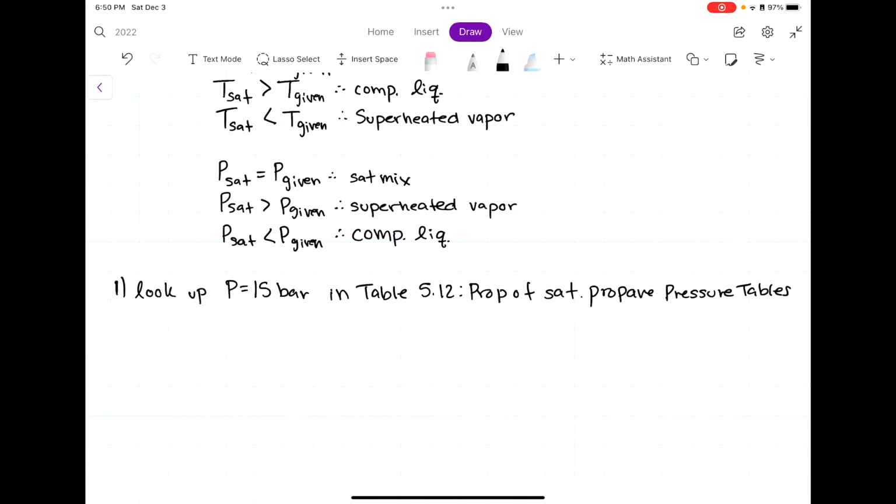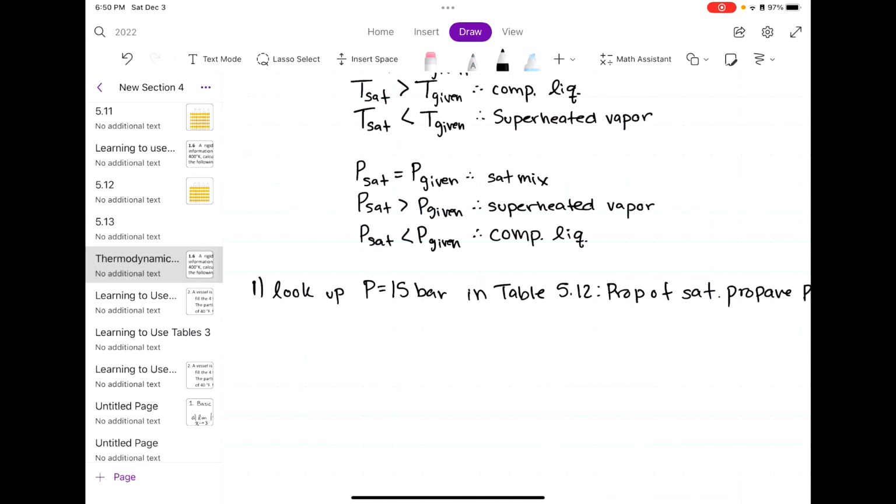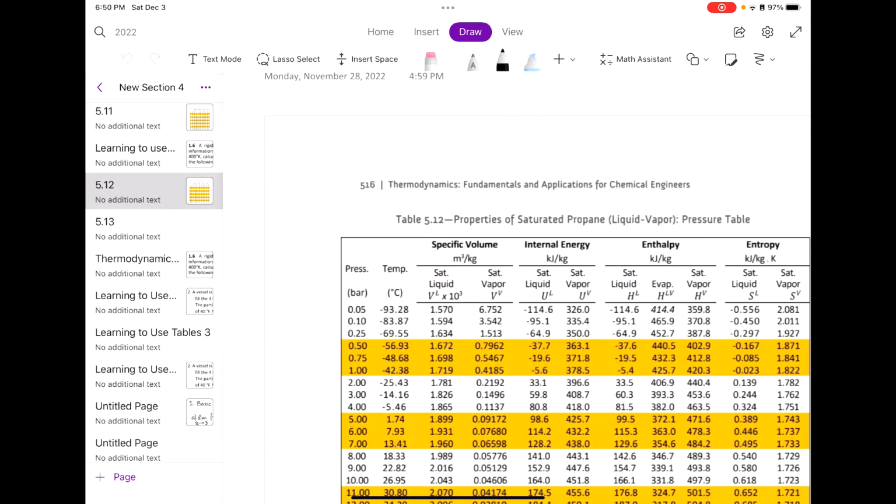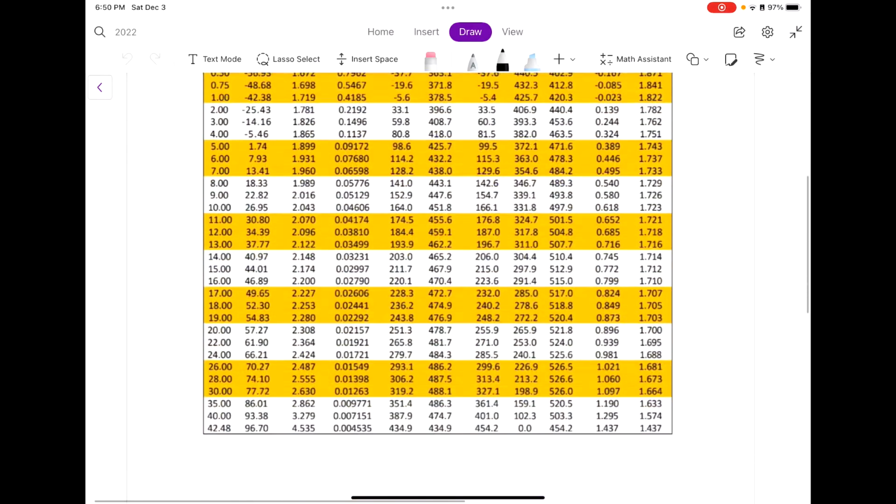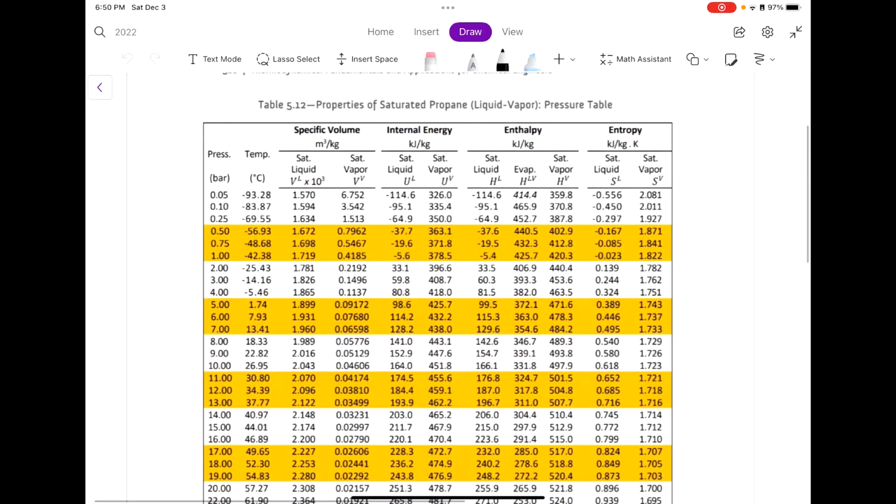Okay, so I'm going to open up table 5.12 and look up where the pressure is equal to 15 bar. Alrighty, so we open up our textbook, table 5.12, and we look for pressure at 15 bar.